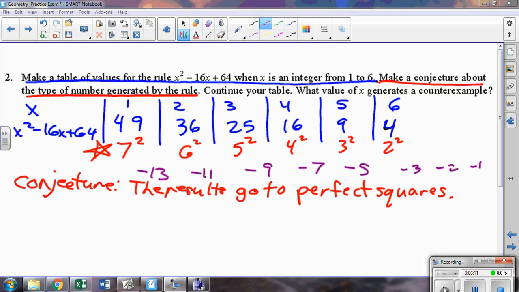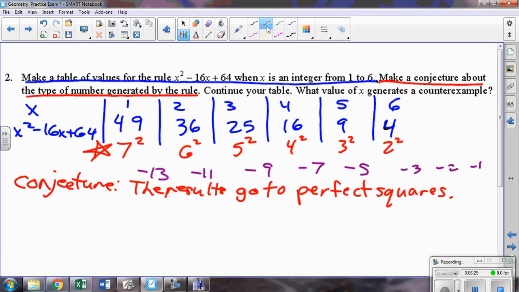Now, although you could put your conjecture down like this, that's not a really precise way of describing it.